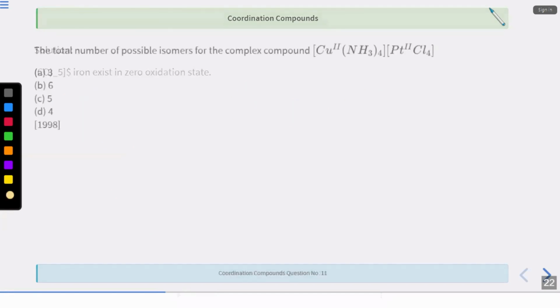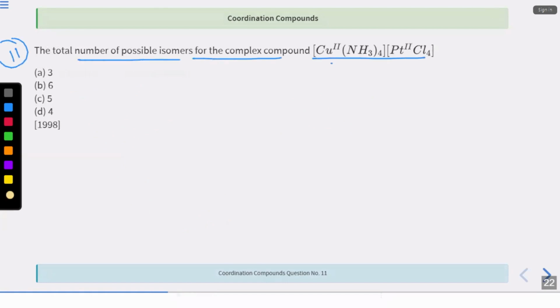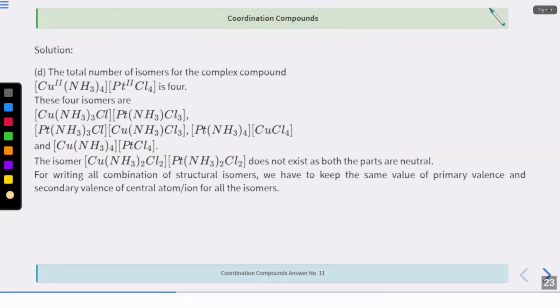Moving ahead, question number 11. Total number of possible isomers for the coordination compound. Basically, since there are two types of blocks, it is known as a coordination compound. So what they are saying is the total number of possible isomers for this compound. Okay, let's try it one by one.